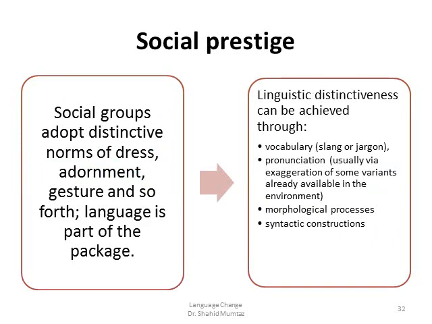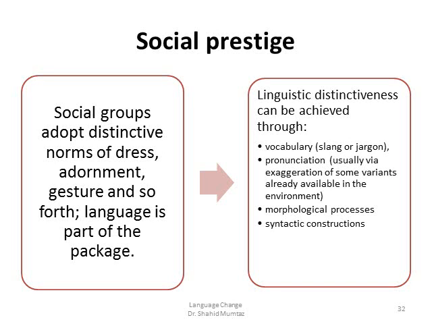Social groups adopt distinctive norms of dress, adornment, gesture, and so on. Language is part of the package. The same is the case with language, and people show their distinction by using language differently, distinctively from other people.